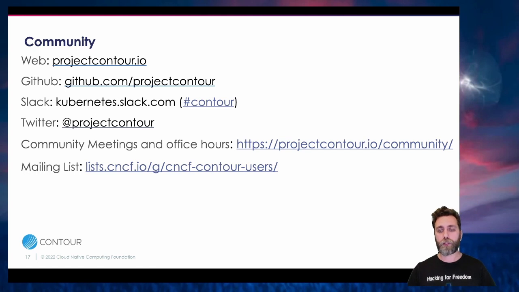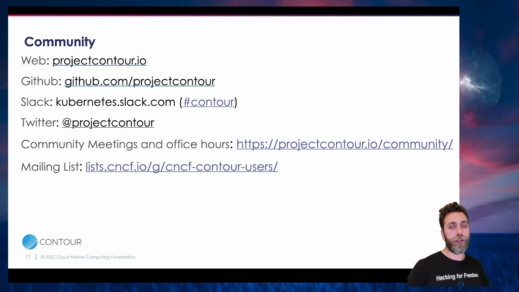I try to keep that Twitter updating the community with the latest releases or patches or everything that will pop up along the way. We do community meetings and office hours. Our community meetings alternate between Asia Pacific time and US time. So wherever part of the world you are, you'll find a slot to join the community meetings and office hours and ask your questions or just listen or participate in the way you see fit.